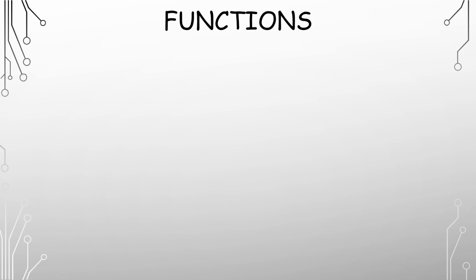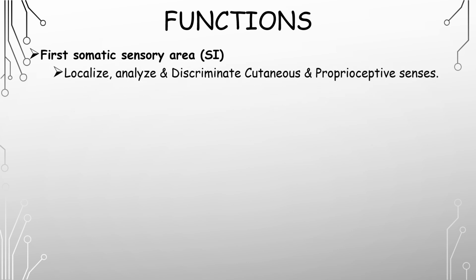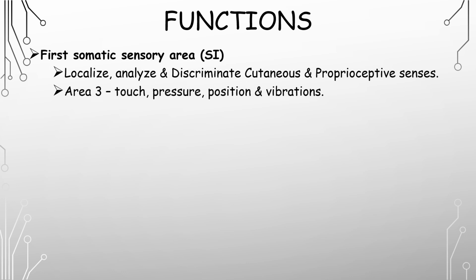Functions of the parietal lobe. The primary somatosensory area localizes, analyzes and discriminates the cutaneous and proprioceptive senses. Area 3 is concerned with touch, pressure, position and vibration sense. We know that area 3 is subdivided into 3A and 3B.